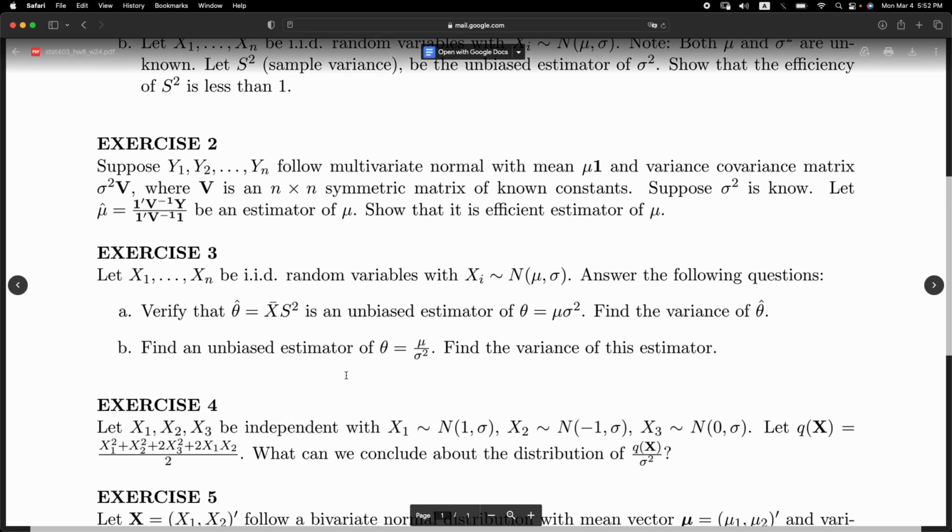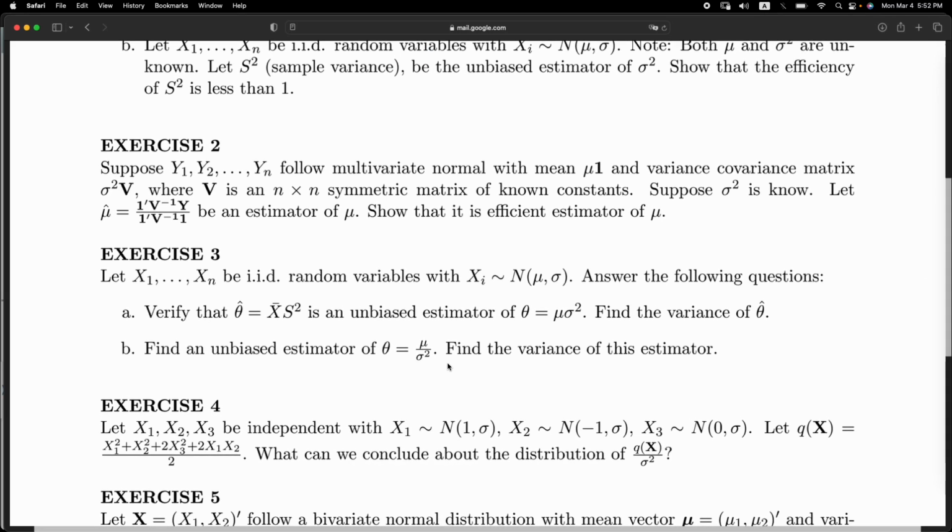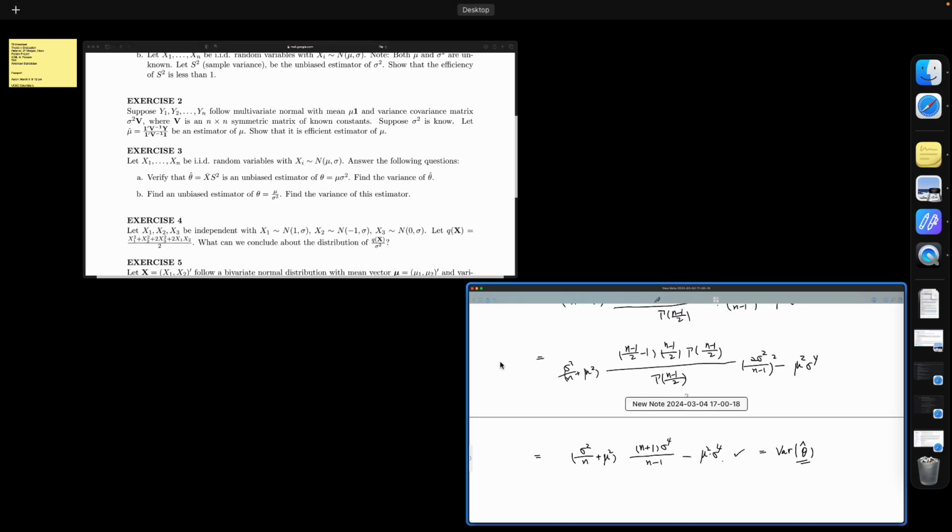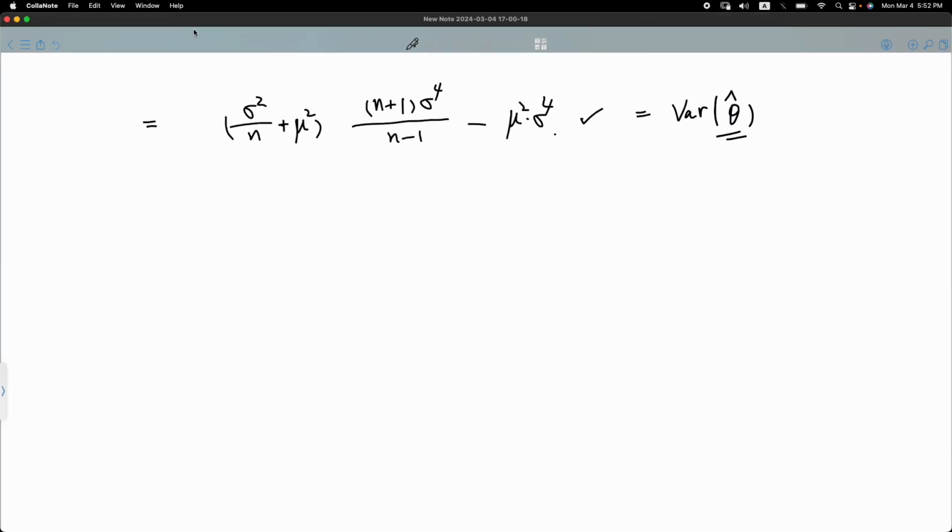Let's see, find an unbiased estimator for theta equal to that. For part B, I'm just going to write down some high-level ideas. If you define an estimator that is x bar over s, you will find the expectation of theta hat is mu over sigma squared multiplied by (n minus 1)/(n minus 3).